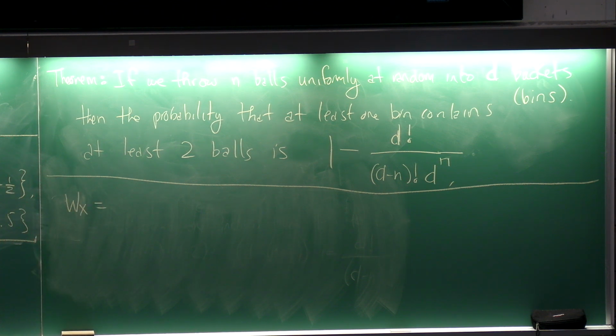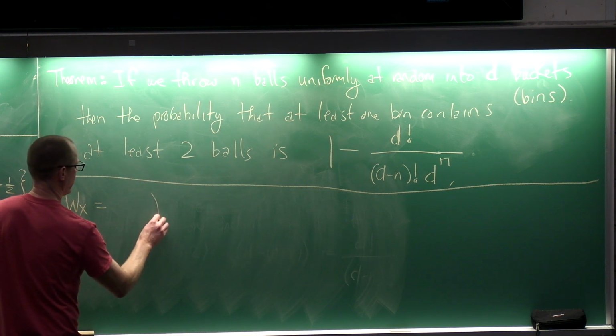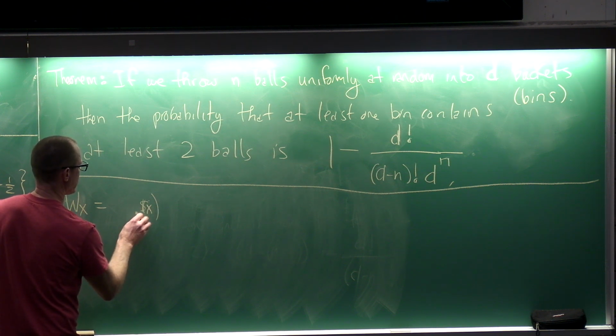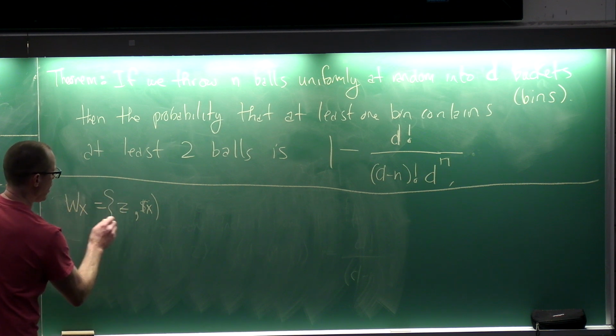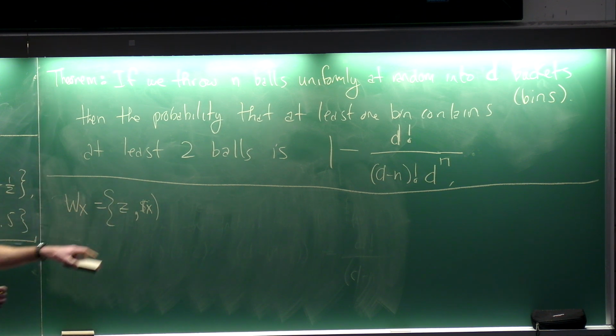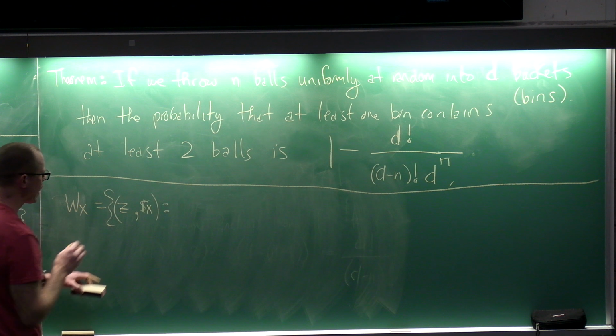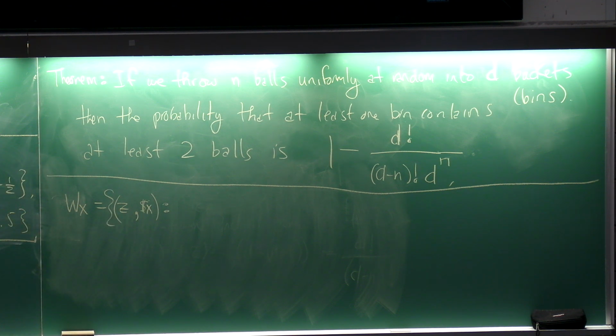What is this Wx? Well, Wx are these things where I see an x and I picked some value z, and this value z is smaller than x.